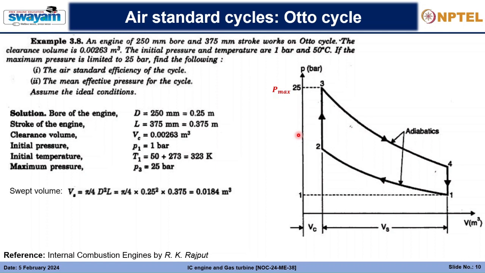So the swept volume we can directly get as pi by 4 D square L. So you have the D and you have the L. Accordingly, the swept volume is... let me see. This is a 250 mm bore and a 375 mm stroke. So if this is stroke, it is not the entire cylinder length.